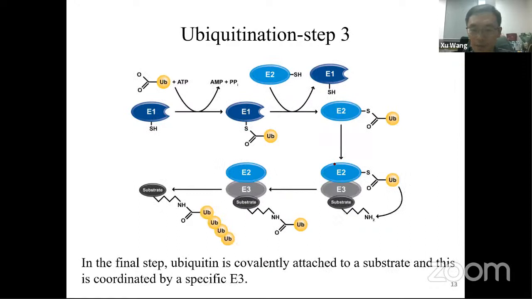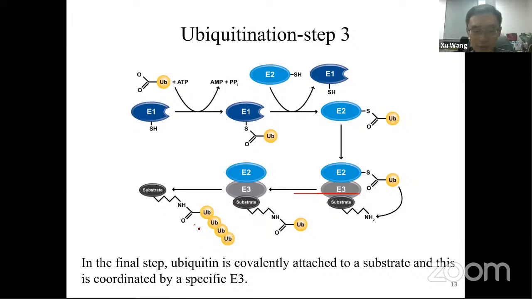In the third step, ubiquitin is covalently attached to a protein substrate, and this is coordinated by a specific E3. The E3 ligase determines substrate specificity. If we repeat steps 1, 2, 3, then more than one ubiquitin can be attached to the substrate.